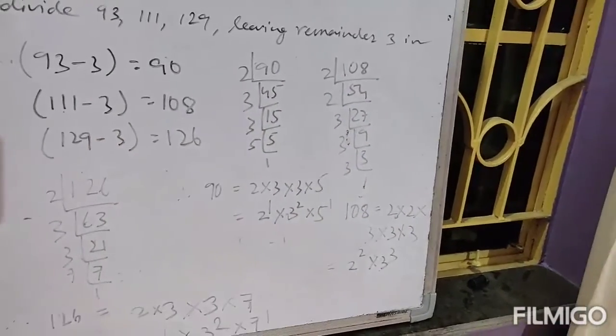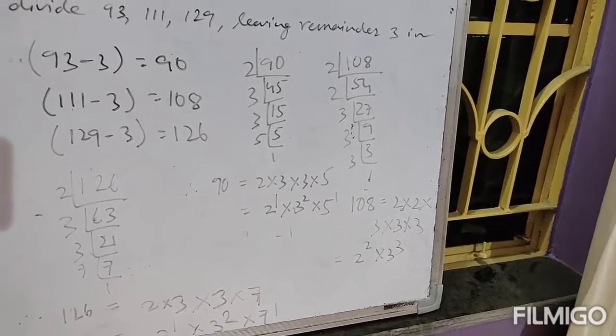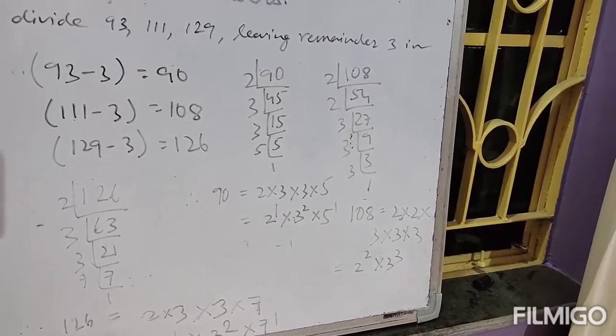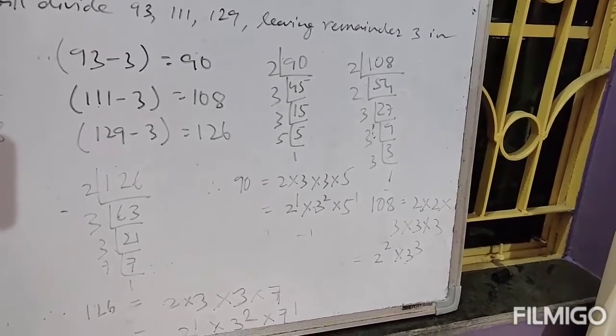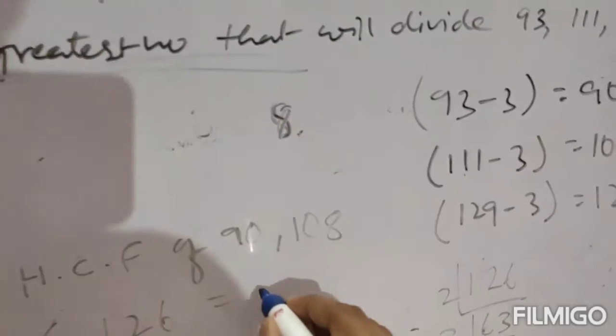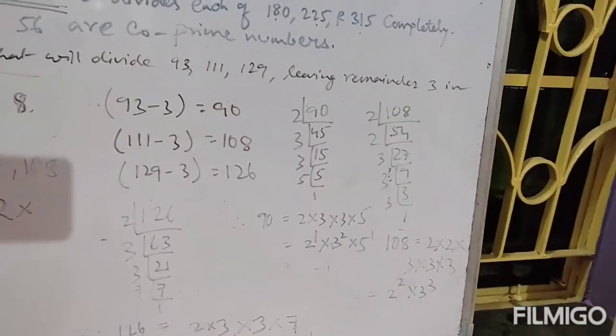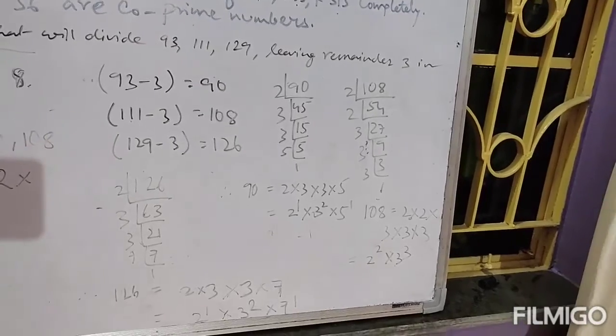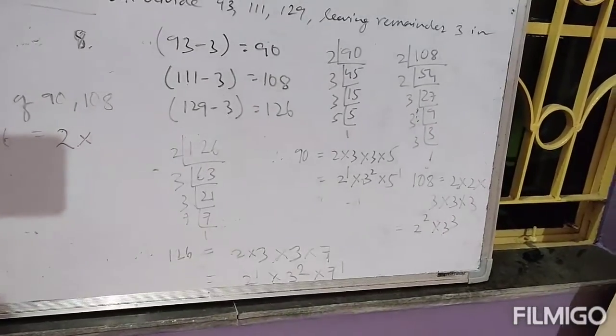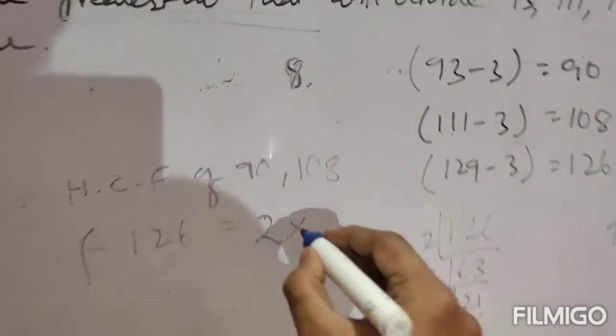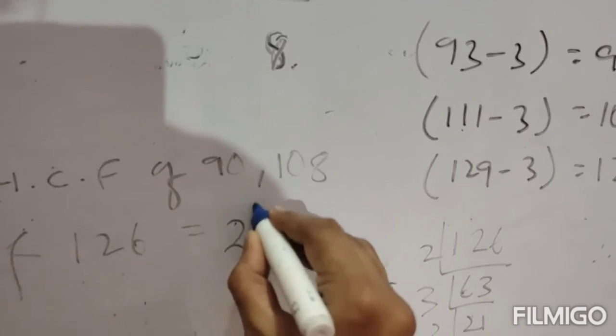Look carefully. In 90 there is a 2, in 108 there is also 2, and in 126 there is also 2. So 2 is common definitely. Now choose smallest power. In 90 the power is 1, in 108 the power is 2, and in 126 the power is also 1. So the smallest power is 1.